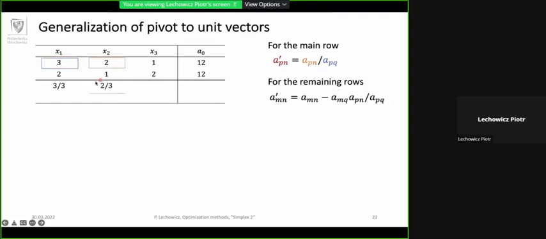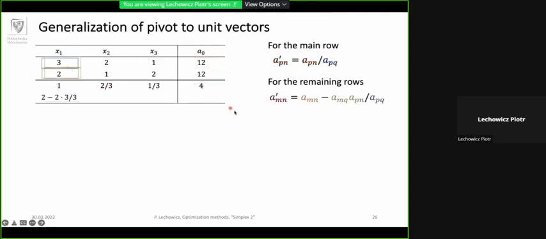For the second element, we divide this APN, so p is equal to 2, n is equal to 2, q is equal to 1. So we are dividing this element by this element. The same goes for the third one, so we are dividing A13 by A11. The same goes for the right-hand side of the equation.